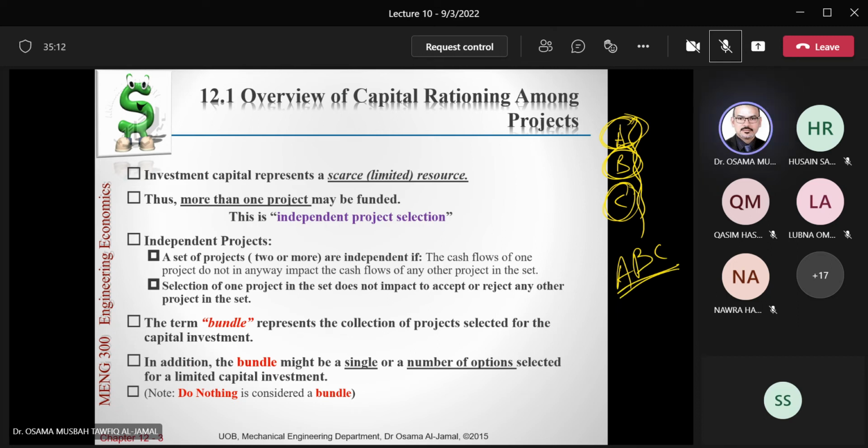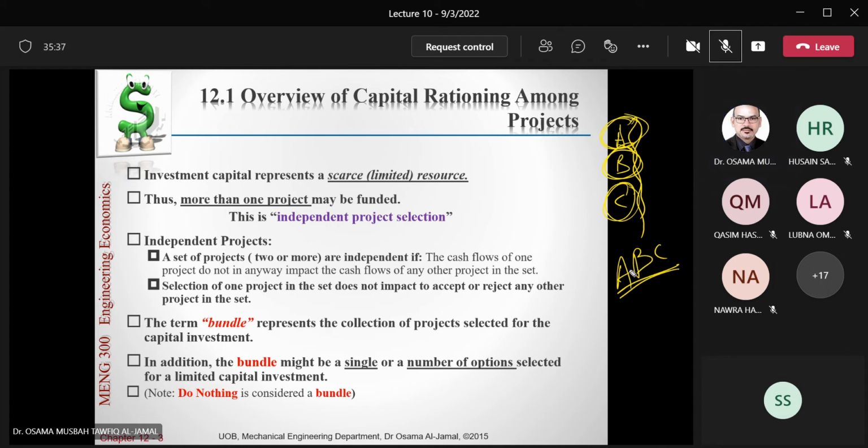A bundle of projects, you may have heard it in Arabic. The term bundle represents the collection of projects, like what we did here. A, B, C, the three projects are accepted within the budget, so we can go with those and accept them.